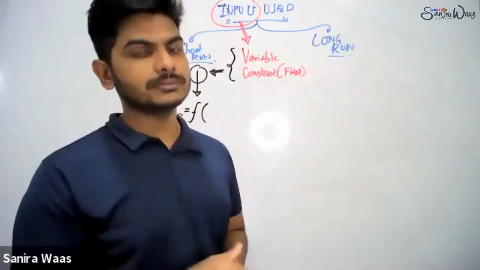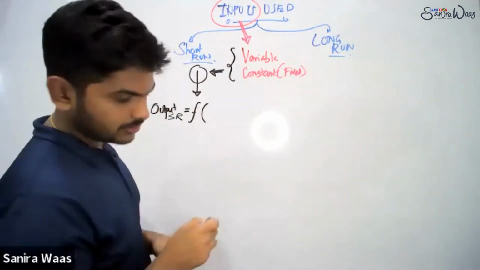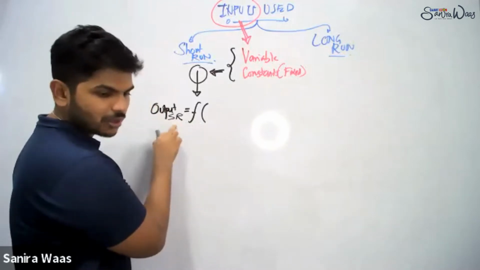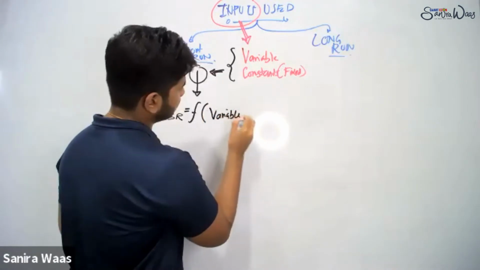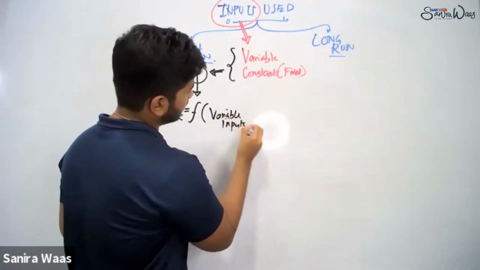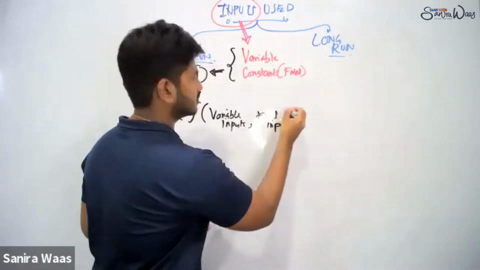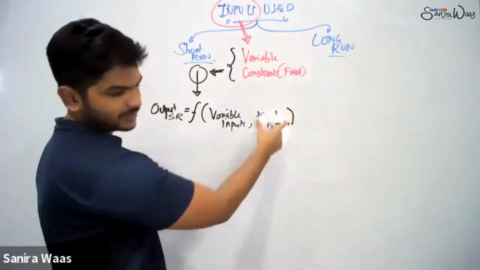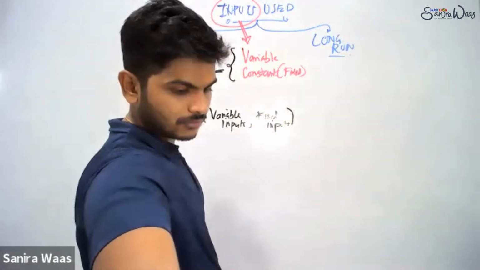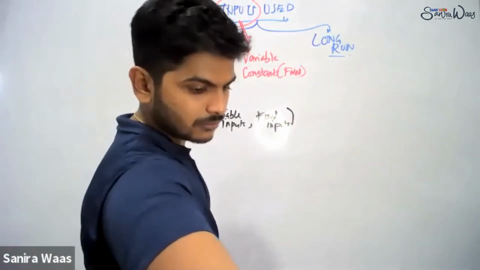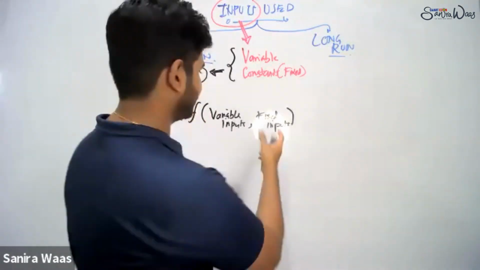Both or else only variable? Yes. Output of short run is a function of both variable inputs and fixed inputs. Right? So this is fixed inputs.